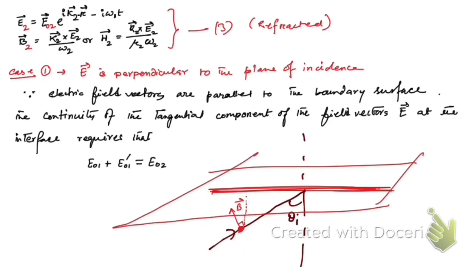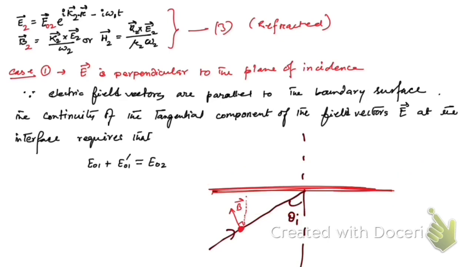Now if we consider the magnetic field, it is oscillating in this way, and it must have two components. One is perpendicular to the plane of this boundary, the interface, and the other is parallel to the interface, that will be the tangential component.